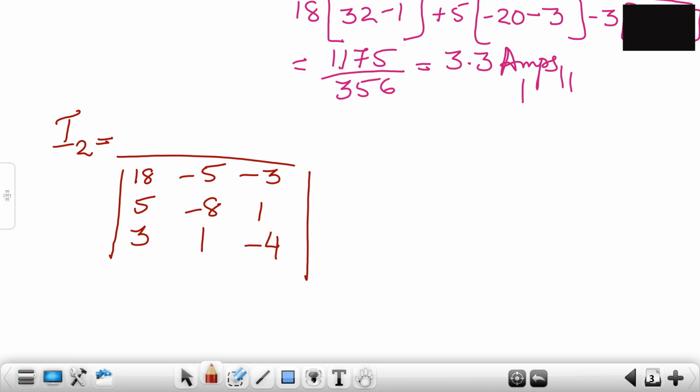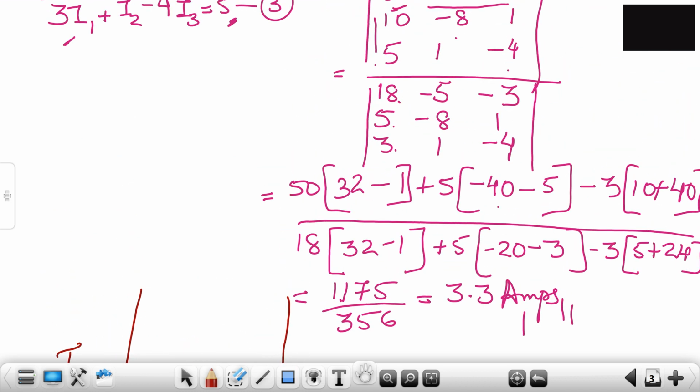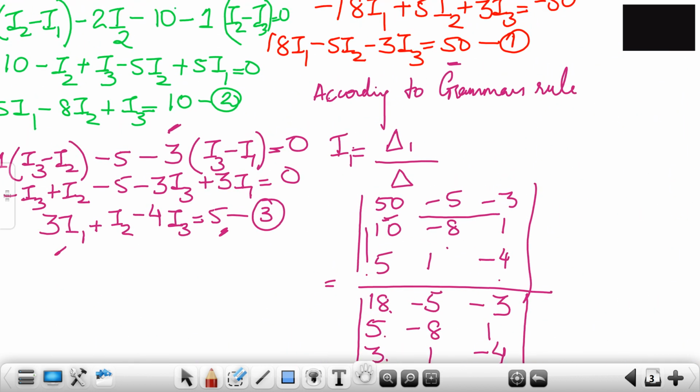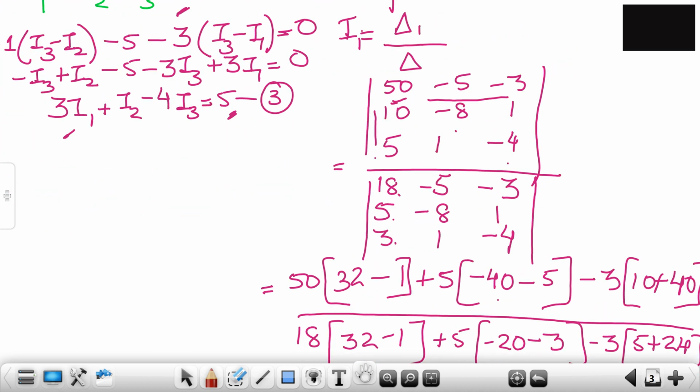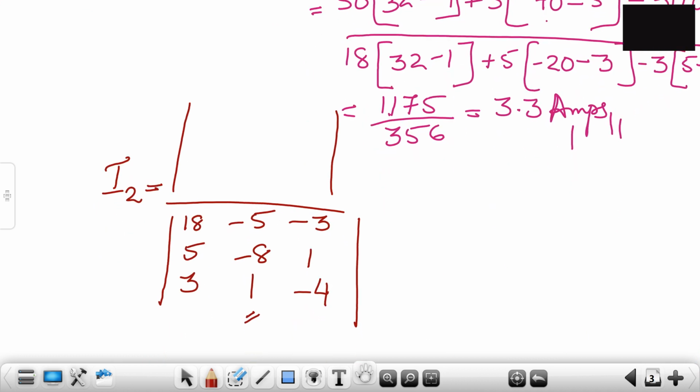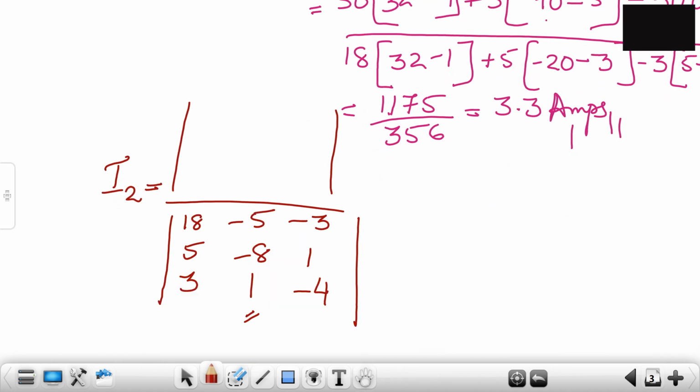Now since we want to find I2, we are replacing the second column by the values 50, 10 and 5.